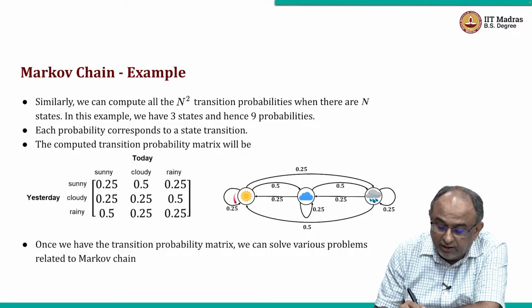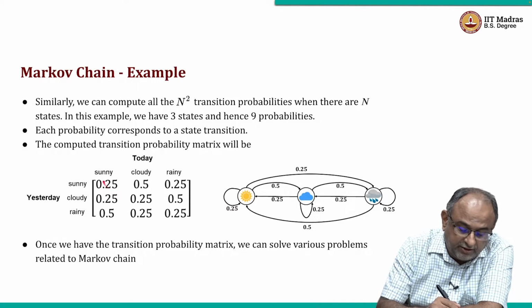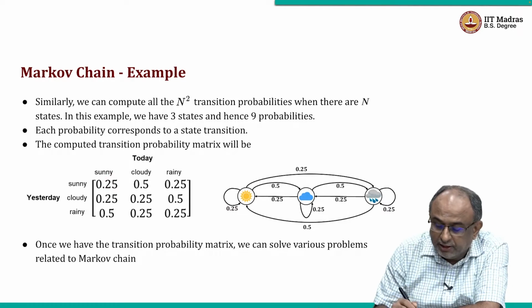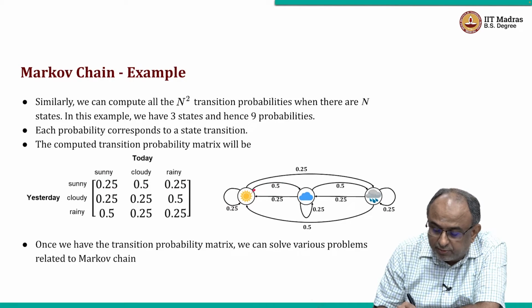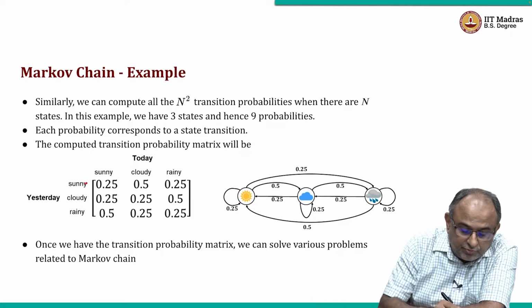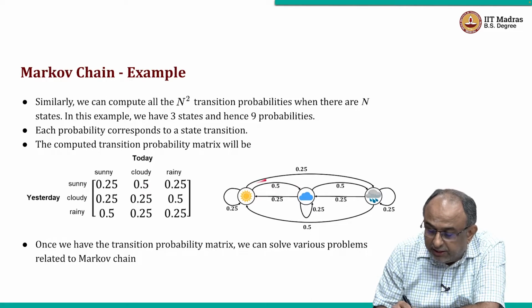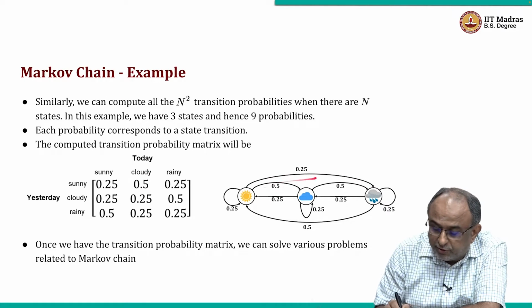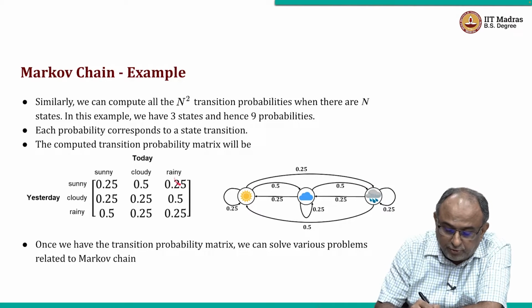From sunny, the probability of being back in a sunny state is 0.25, and that is what this matrix is showing, right. From sunny going to a cloudy state is 0.5. See, the arrow is going from sunny to cloudy. And from sunny to rainy, the arrow is in this direction, going to rainy is 0.25.